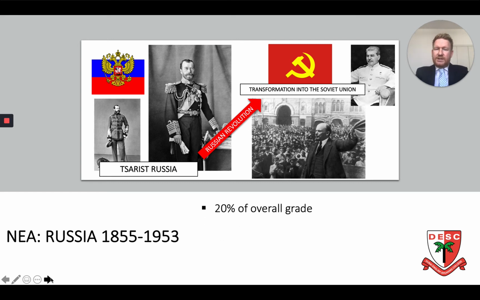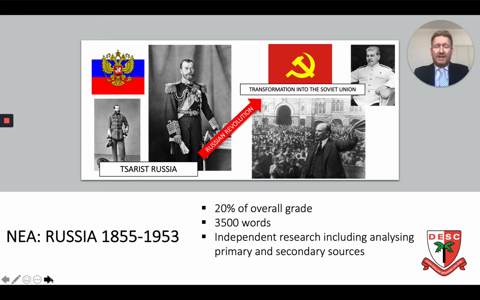It's 20% of the overall grade, it's 3,500 words, it's independent research, including sources, both primary and secondary, but also you look at what's called the historiography. That's all of the schools of thought that combine to then look at different arguments about why change occurs in Russian society. It's a fascinating insight into what then became a superpower within global politics. Wonderful aspect of the course.